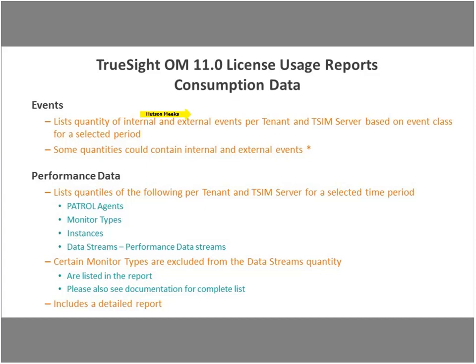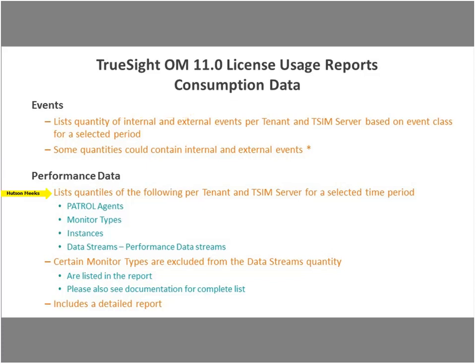Be advised that it's technically possible, depending on how your event classes and event processing and generation is configured, that you could have some events that were really external events populated into, quote, what we think of as an internal event class. Okay, so just be aware of that. Depends on your configuration. It's not something that we have complete control over there.